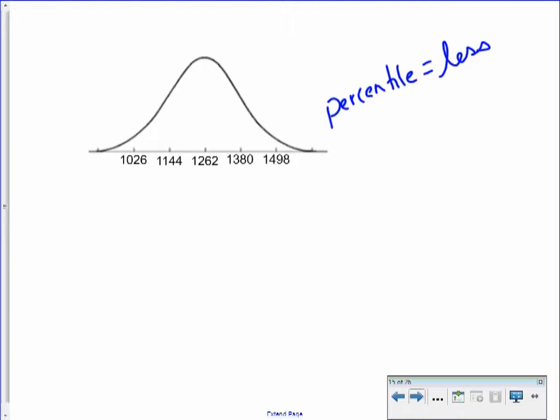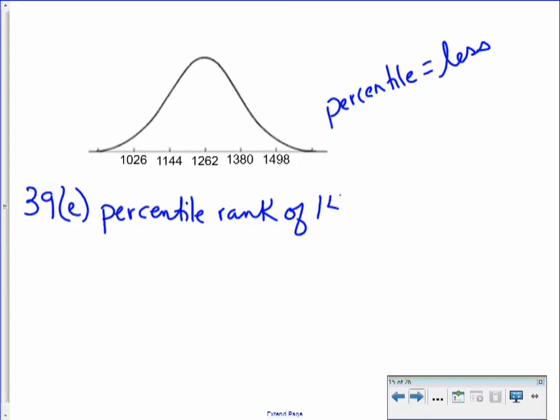If we look at 39E, what is the percentile rank of 1,475 chips? I'll follow the same process until we get towards the end. So 1,475 will be somewhere in there.